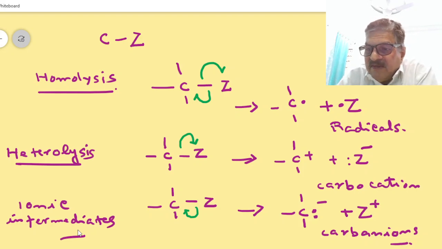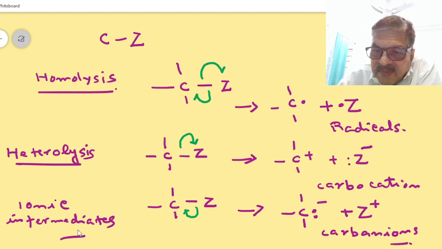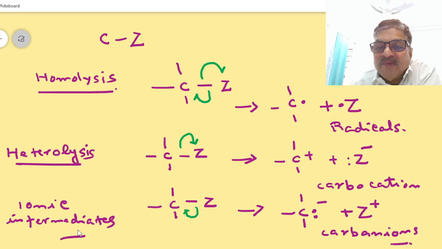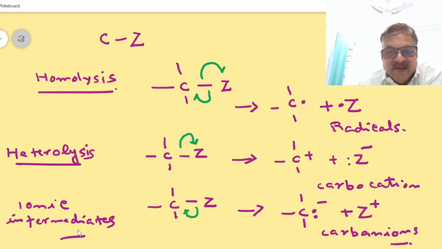Now, let us see these. Carbocations are electrophiles because it is a positively charged carbon here. I will change this page.